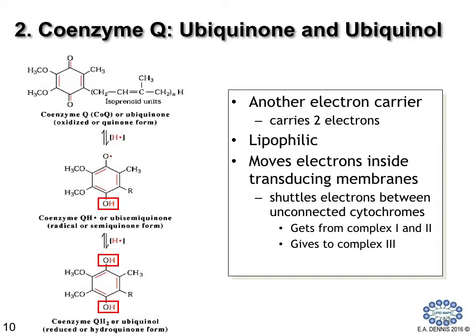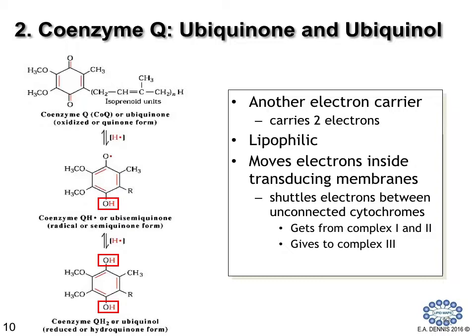There is another form of electron carriers that is very important here, and that's called coenzyme Q. Coenzyme Q, shown in the upper left, is also a neutral molecule. It has a number of isoprene units attached to it, a subject that we discussed in the process of talking about cholesterol synthesis.